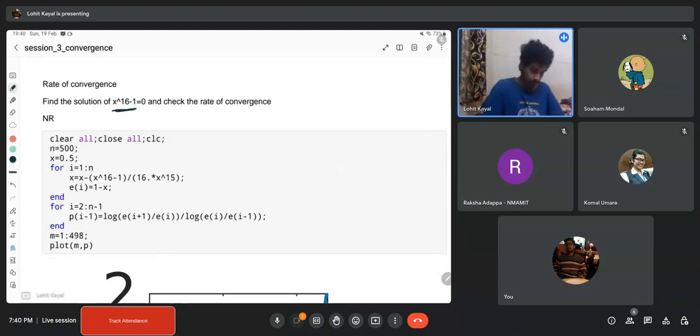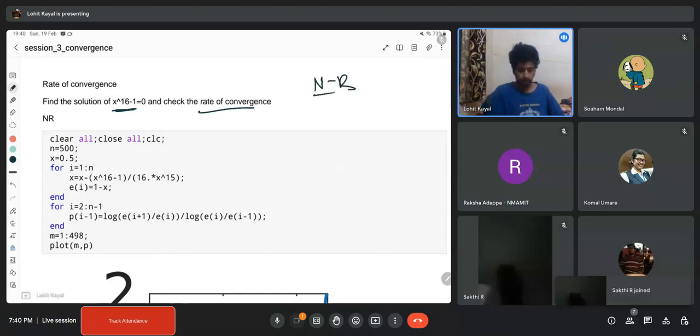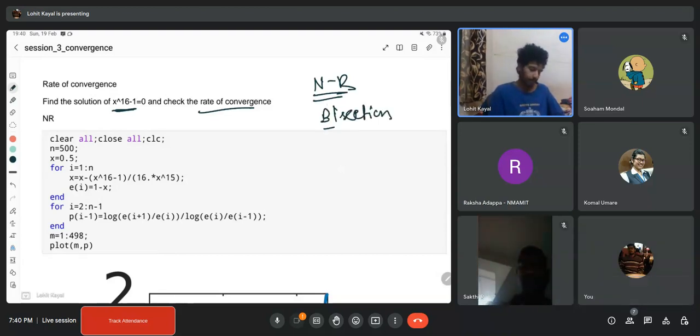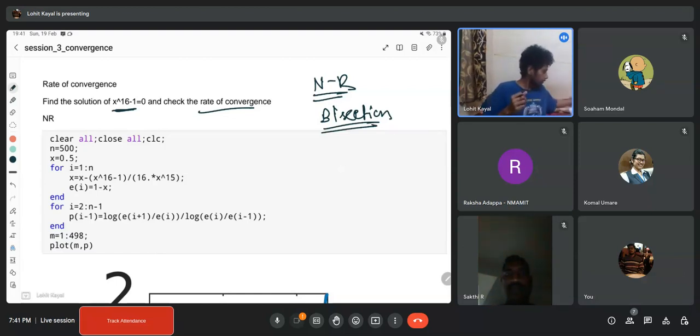Here we will check the rate of convergence for various methods. I have tested it for the Newton-Raphson method and the bisection method. Remember that during the lecture you are provided with the formula on how to determine the rate.